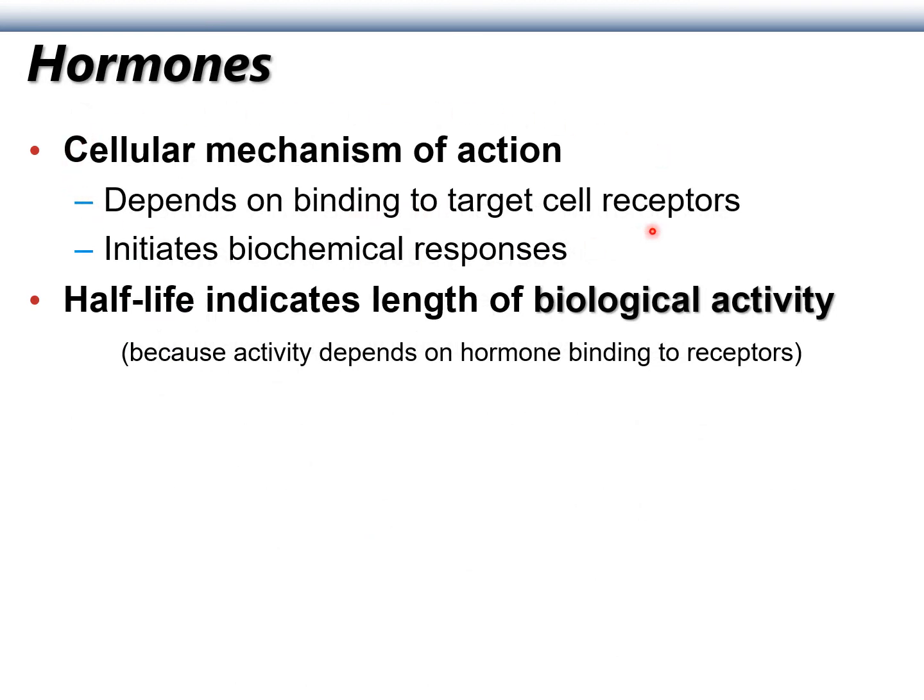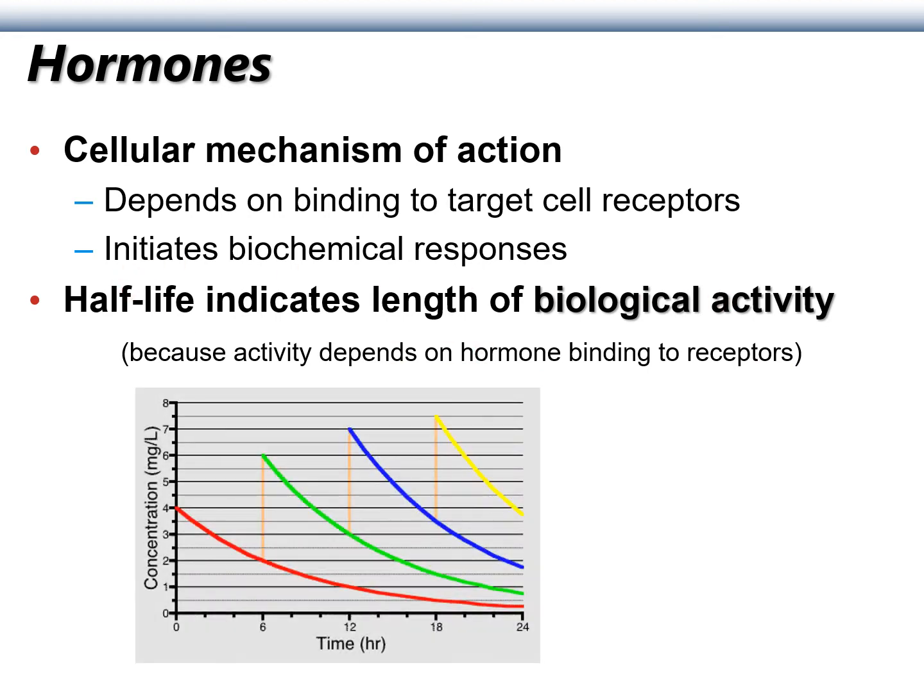The response mechanisms of hormones are at the cellular level. It may initiate a biochemical response, and it depends on the receptors that are bound. Some of those cellular mechanisms may influence things like neural function, mood, and/or behaviors of sorts. And because these things are at such low concentrations and potentially powerful, one of the key concepts when dealing with hormones in the body is this idea of how long the hormone will be present in the blood at a biologically relevant level.